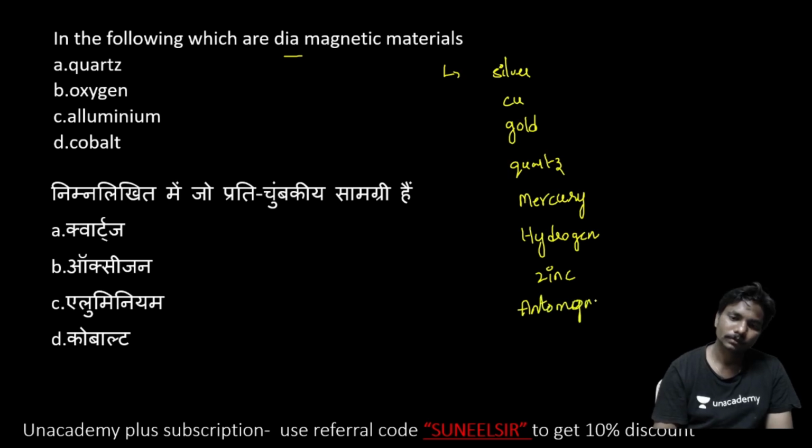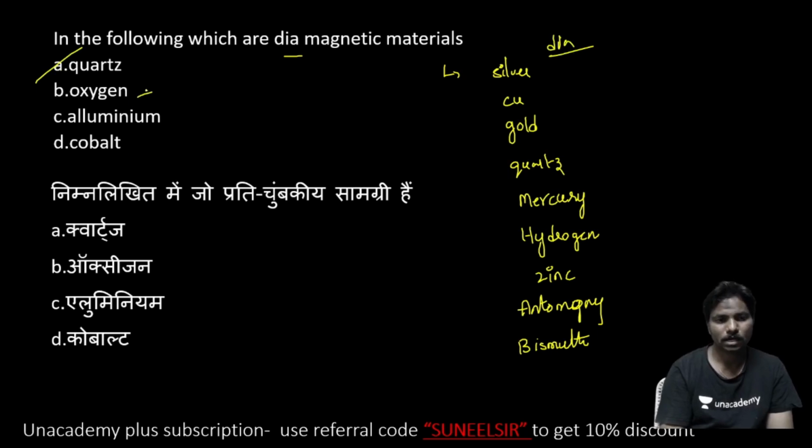So these are the very important diamagnetic materials. Oxygen is para, all mediums are para, nickel, iron, cobalt are ferro. Okay, like that you can get the idea.